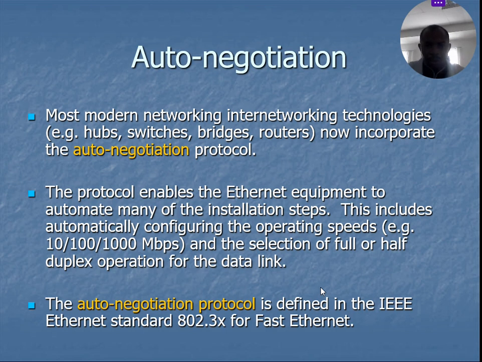What this means is that it enables them to automatically configure the operating speeds without you setting or writing the code for speed configuration. It can select between the available speeds, like 10 megabit per second, 100 megabit per second, and 1000 megabit per second, which is 1 gigabit per second.